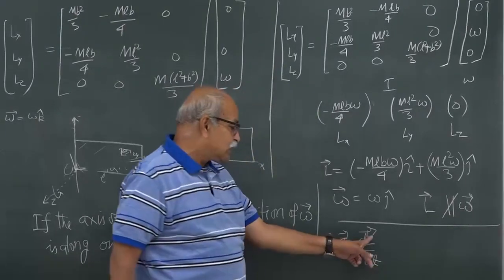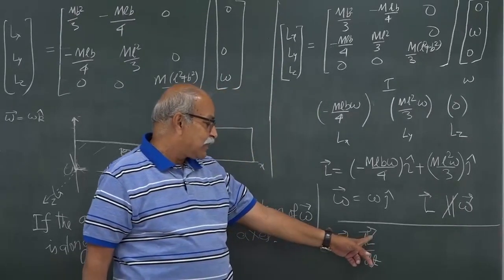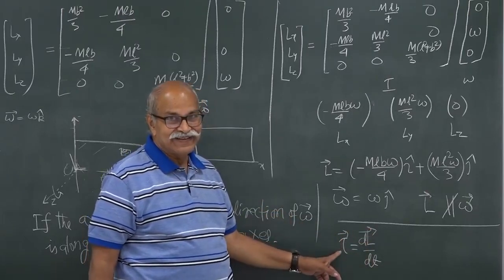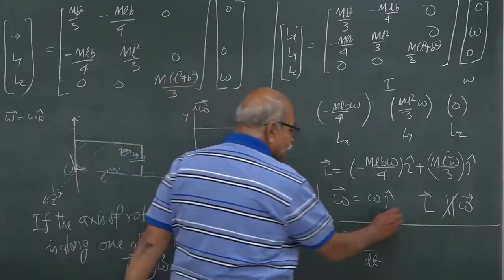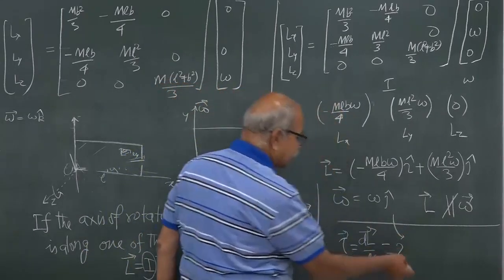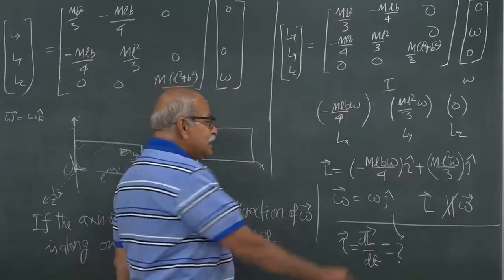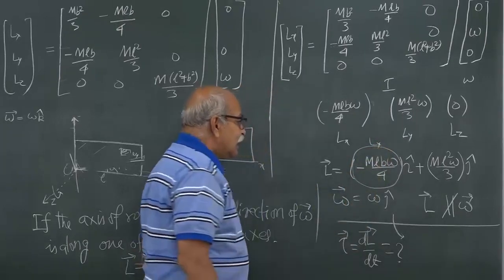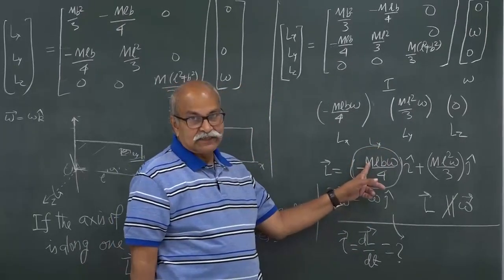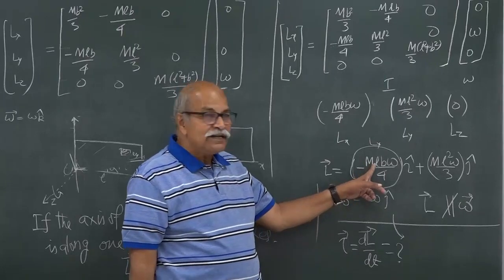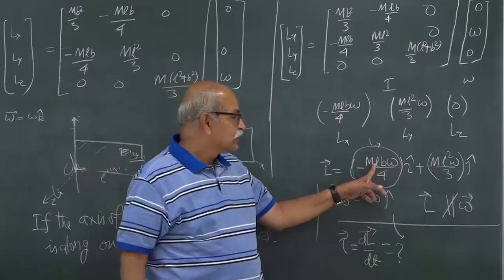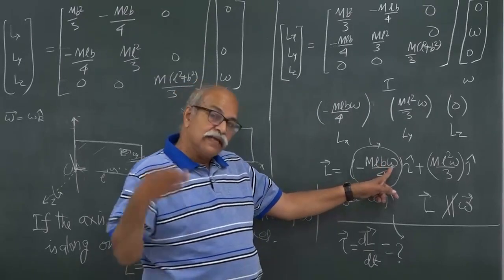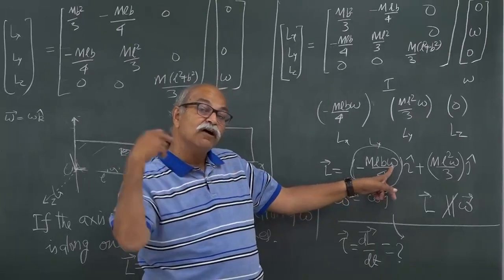So if this L is constant in time, as time passes this L remains the same, then the torque is 0. The question is, in this condition what happens to that torque, is it 0 or is it not? See this Lx, the x component of L, and that is capital M constant, mass of the plate, small l constant, length of the plate, b constant, width of the plate, omega say constant, it is rotating at uniform velocity.